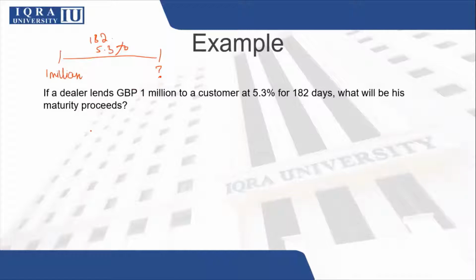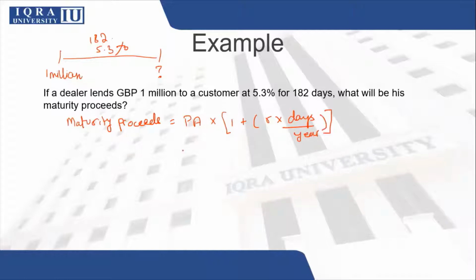So we have already discussed the formula for this. We're going to use the maturity proceeds formula. So the principal amount times 1 plus the interest rate times days over year will give you the maturity proceeds.